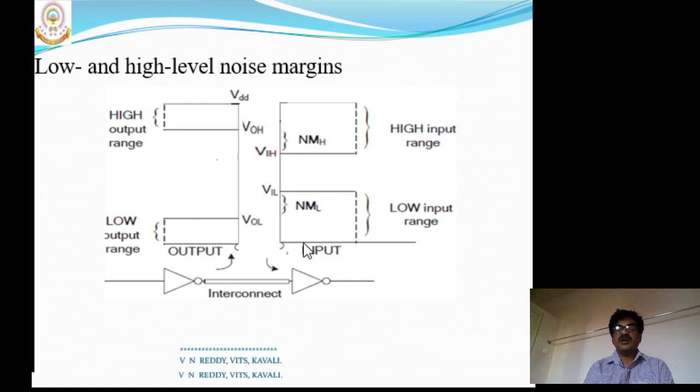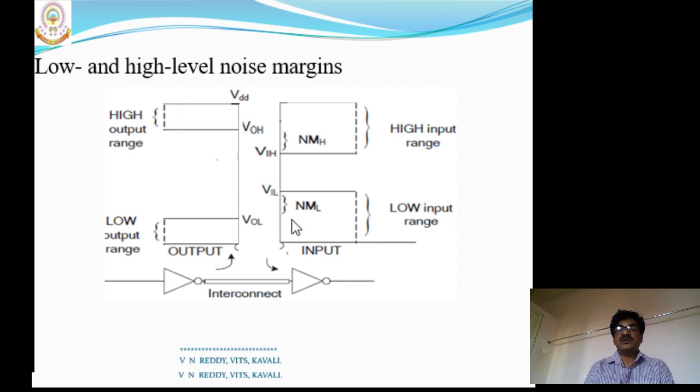Why? Because it is within the range of the logical low. That's why that voltage, even if raised because of noise, is considered as the same logic 0 by the second inverter. That's why this is also called noise margin, but in low level.